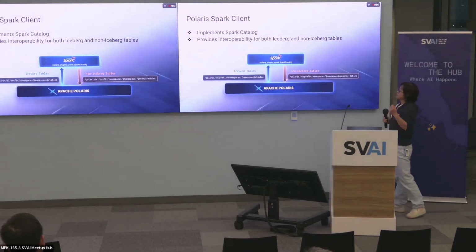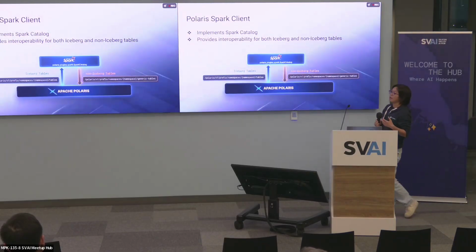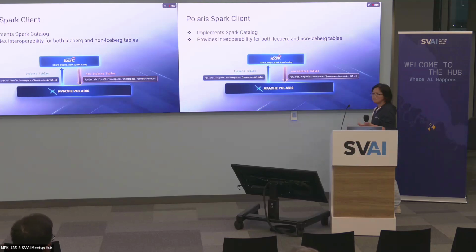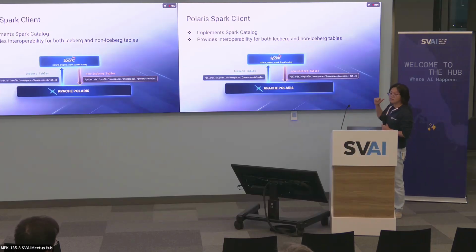So now we have the service API and the server implementation, but we can't just call the REST API to complete all your work. You'd have to do everything manually. So we picked Spark as the most popular community engine to provide the integration with the Polaris service.